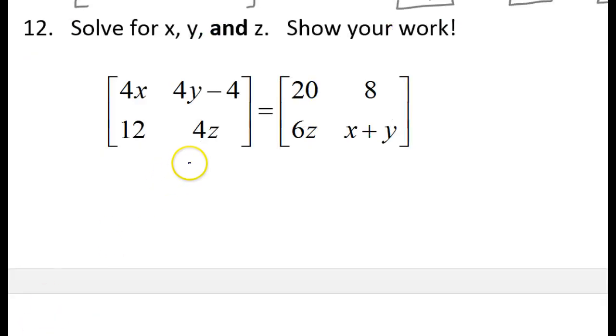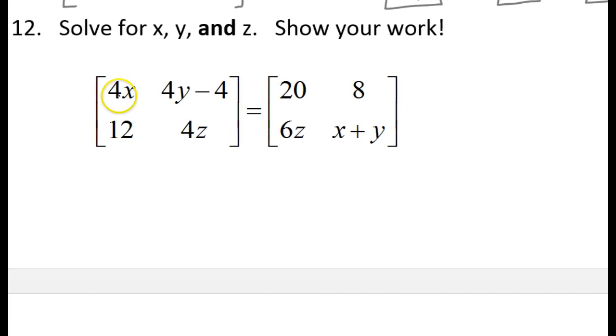Alright, this will be the last problem on this video. We got some variables sprinkled into this matrix equation, and we need to figure out what they are. Just understand that each corresponding entry must be equal if these two matrices are equal. So for example, that means that 4x must equal 20.